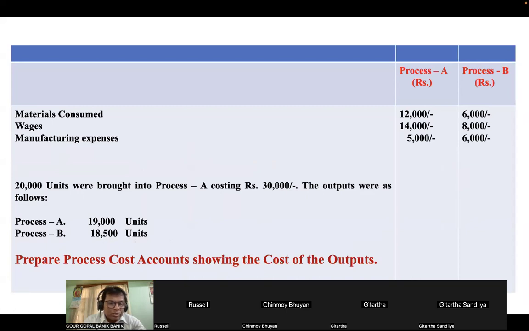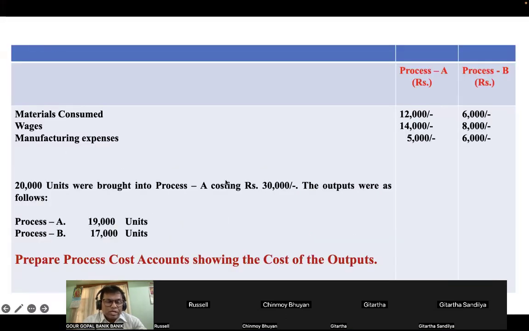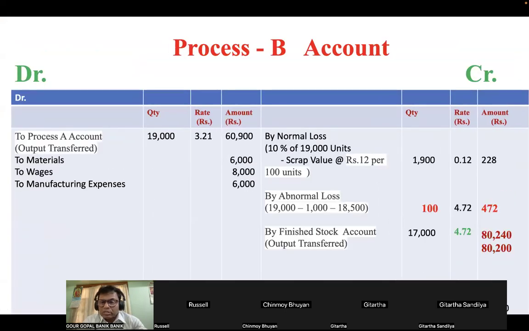This is 17,000. This is also a wrong question. Your product from process B is 17,000. Okay, 17,000, but this should be 17,100. Everybody agrees? Total input was 19,000 and normal loss was 1,900.